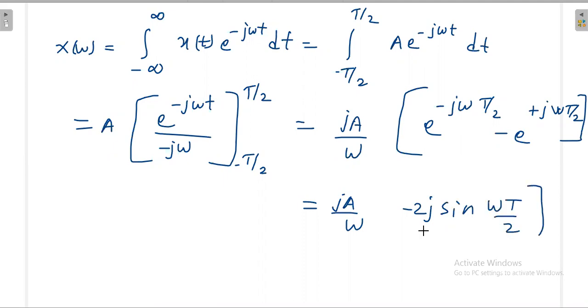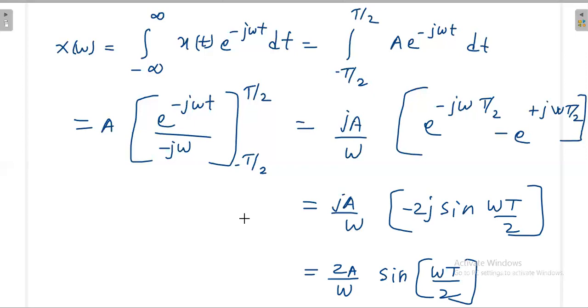Again, minus 2 is there, and j times j is j square, which is minus 1, and a minus is already there, so we can write this as 2A divided by omega sine of omega T divided by 2. So this is the Fourier transform of the given rectangular pulse.